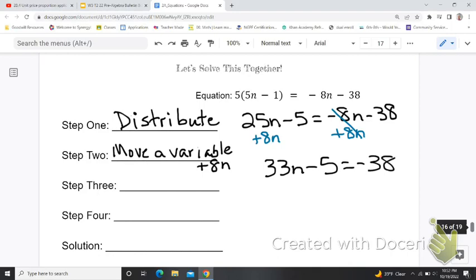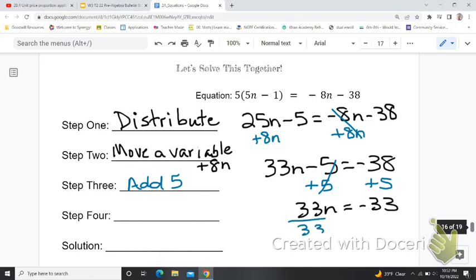And now that should look like something in the comfort zone. Now we're just ready to add 5, so we're going to undo the subtraction by adding. Same thing over here. Pay attention to those signs. And then divide both sides by 33.